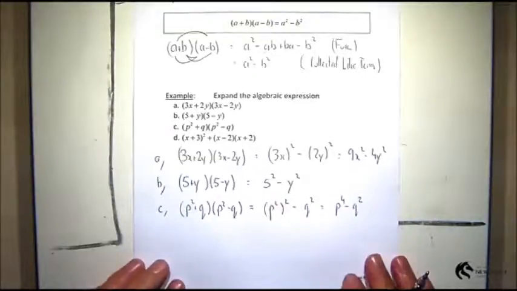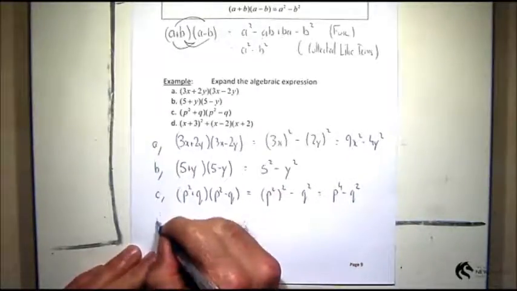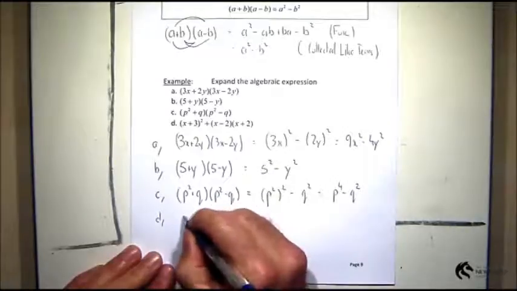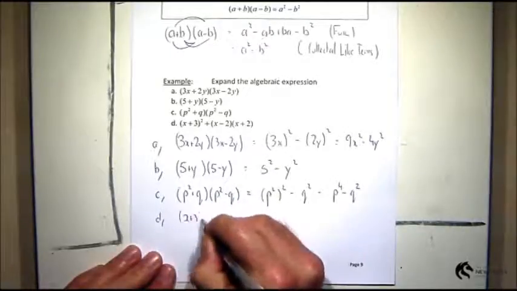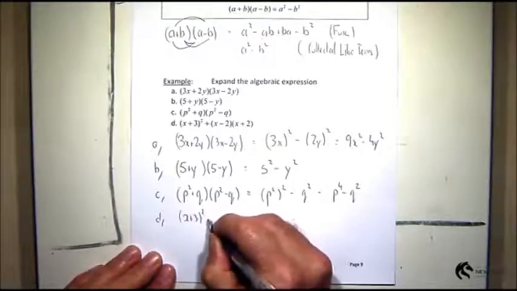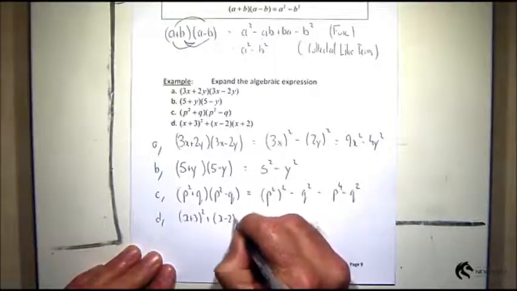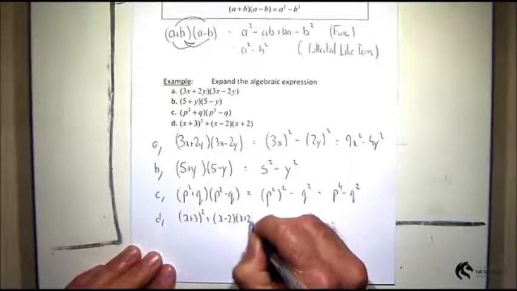And lastly, D is a little bit more complicated. It says x plus 3 all squared plus x minus 2 times x plus 2.